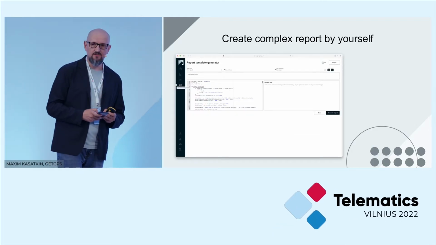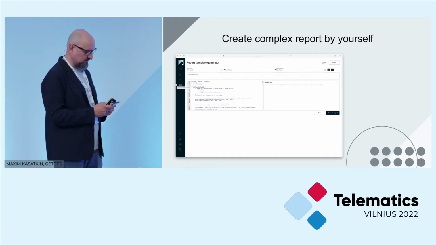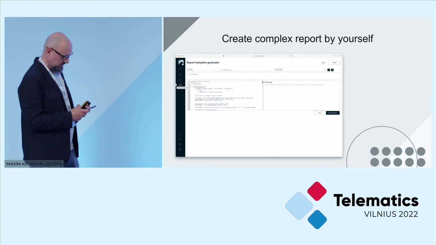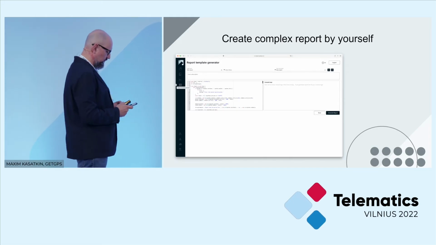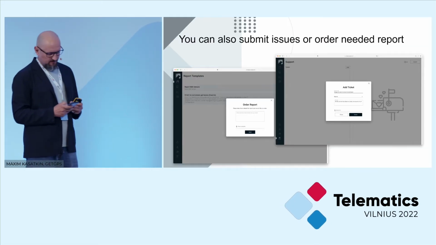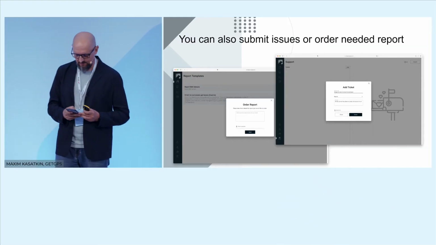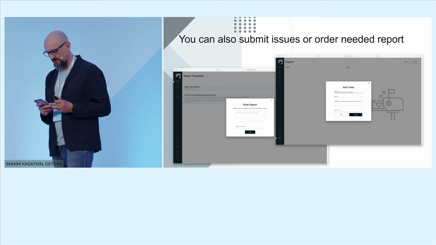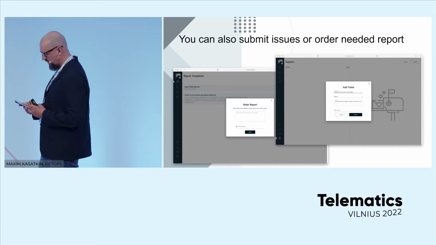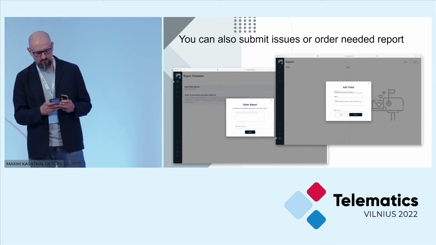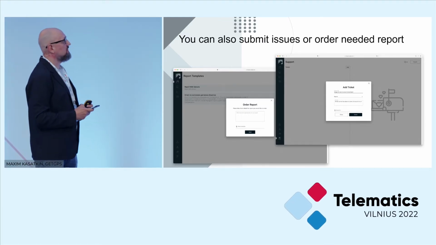Repogen has a sandbox. Users can create their own code here, if they have the knowledge or resources, of course. We created a feedback service inside Repogen. Users can order a needed report template by request from their Repogen account or get detailed answers from our skilled technical support.